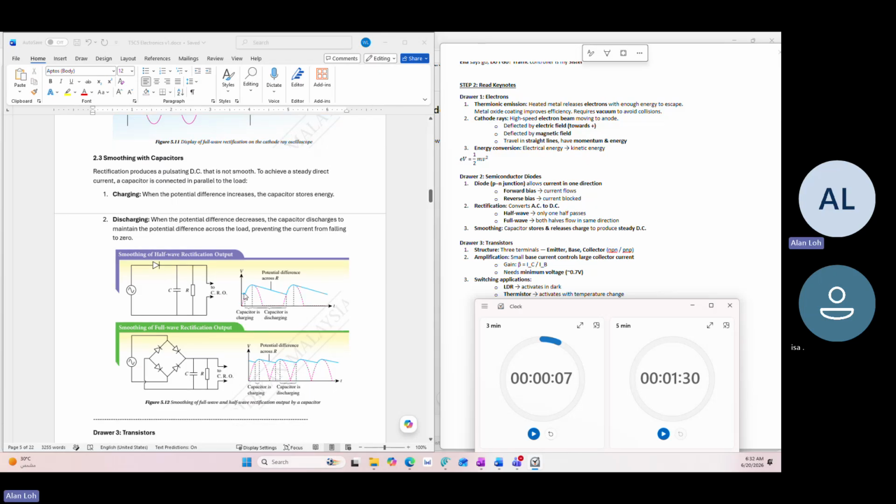And now how do we make it as smooth as possible, to make it like a straight line? This is how we use a capacitor. Right, let's take 1 minute to read this 2.3.